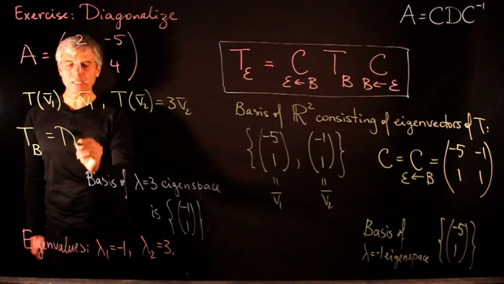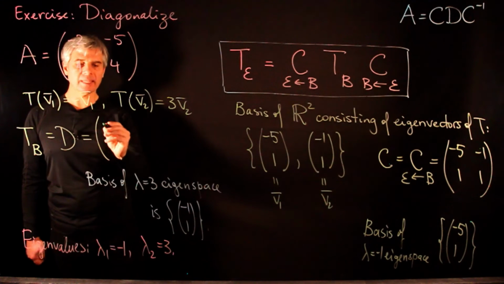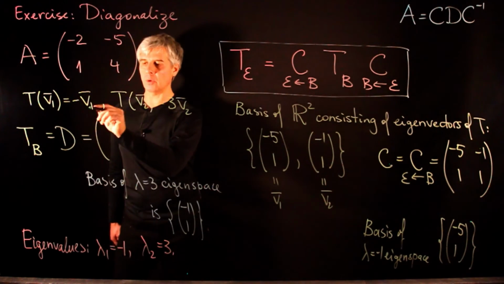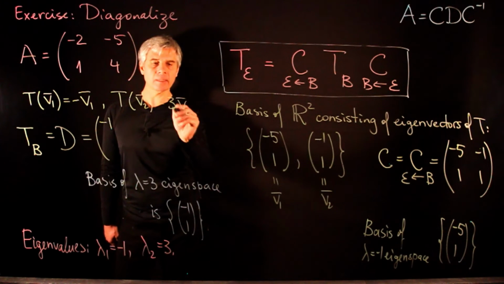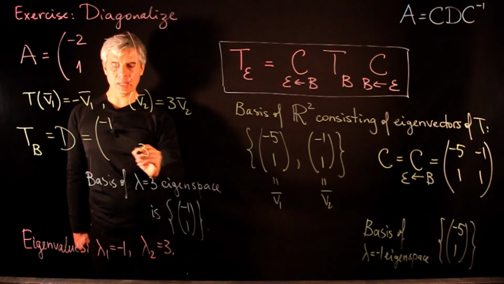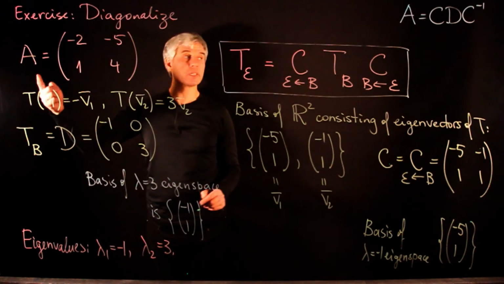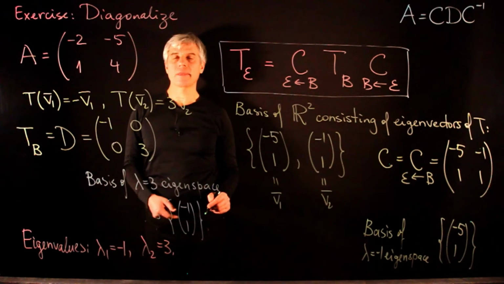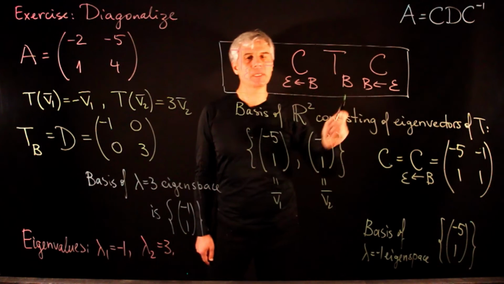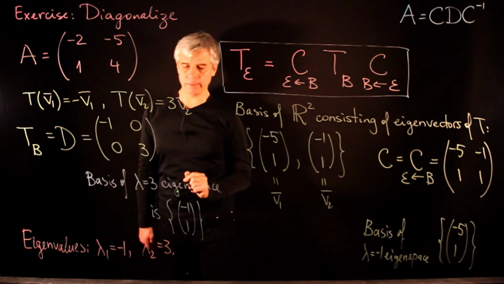So this is matrix D. And so the first diagonal entry will be minus 1. So this is the eigenvalue of v1. And the second entry will be the eigenvalue of v2, 3. So we'll get this diagonal matrix. And then we get our diagonalization formula, that A is equal to C D times C inverse, which is equivalent to this change of basis formula.